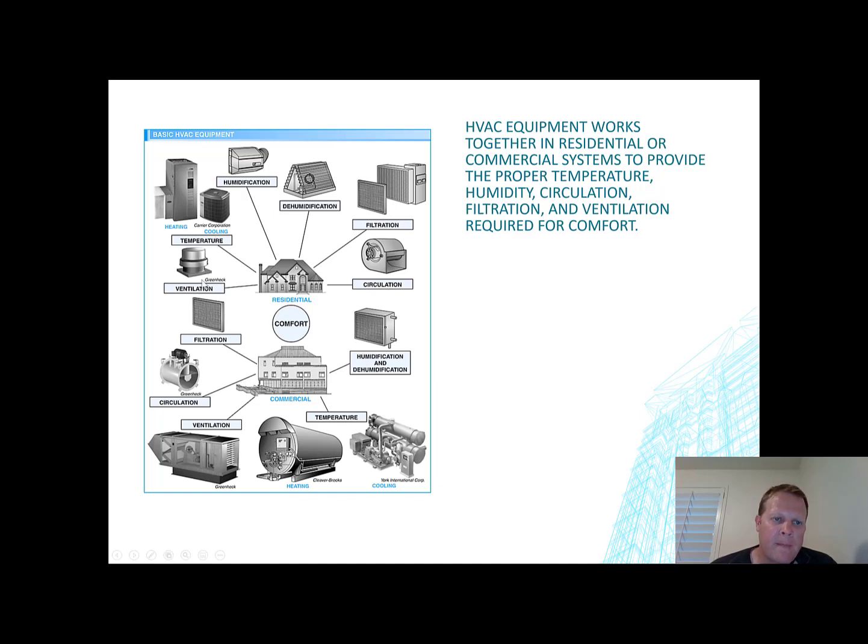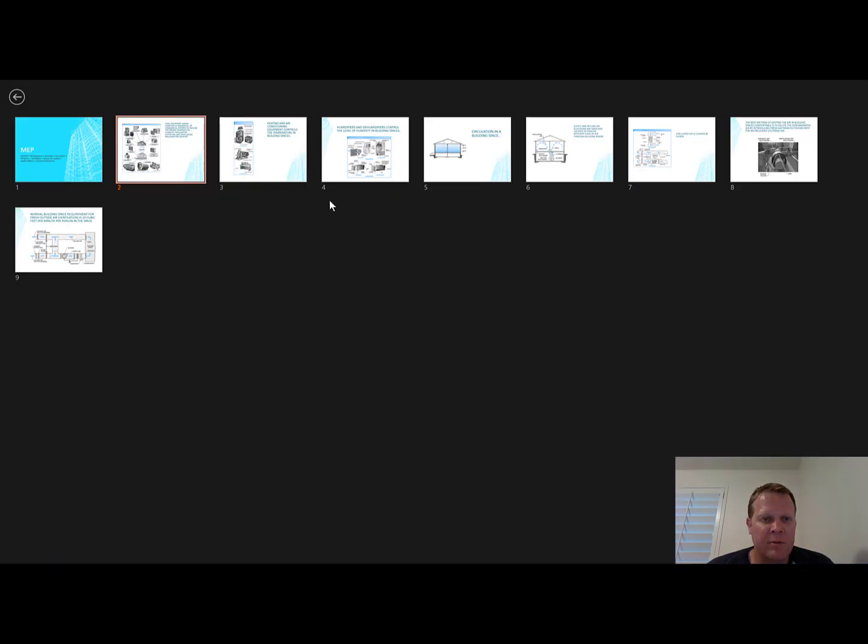But the early things that we were talking about matter: ventilation, temperature, humidification, dehumidification, filtration, circulation, right? And all of those things, it doesn't matter whether it's a large commercial project. Those same kinds of principles matter, and that's what we're talking about for HVAC, right? Those were the principles that mattered.